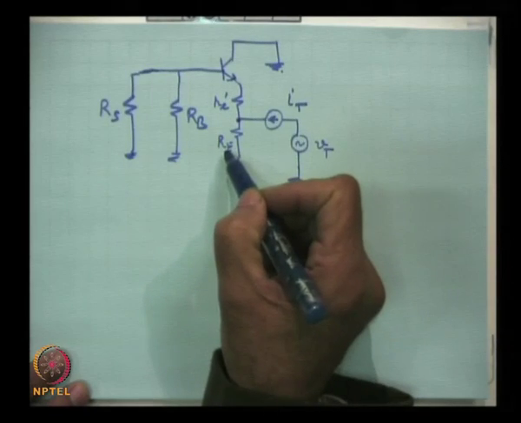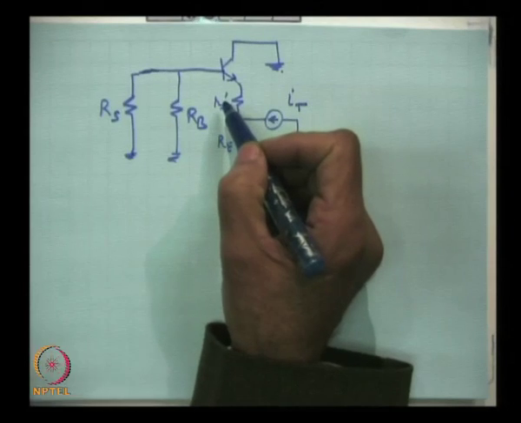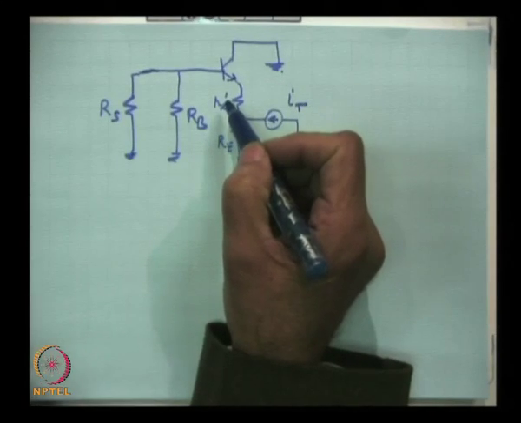This is high resistance, this is low resistance, and I remind you that when one high resistance and one low resistance are in parallel, the equivalent resistance of this combination will be closer to the smaller resistance. Actually it will be smaller than the small resistance, but the value will be closer to the smaller one.